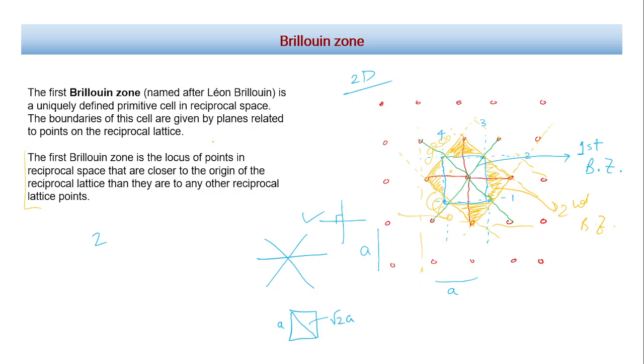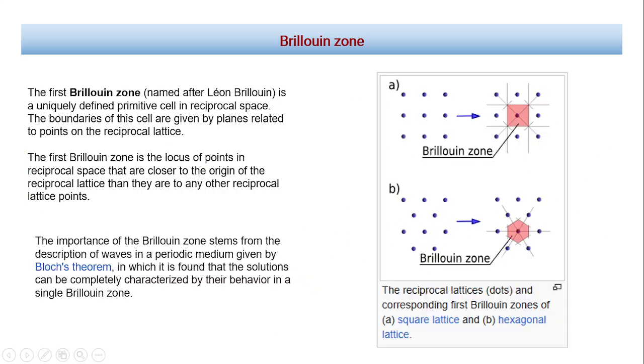So this is about how we define the Brillouin zone. Depending on what kind of arrangement of lattice points we have, if we have a square lattice where all the lattice points are at constant distance in x and y direction, then the Brillouin zone will also be square.